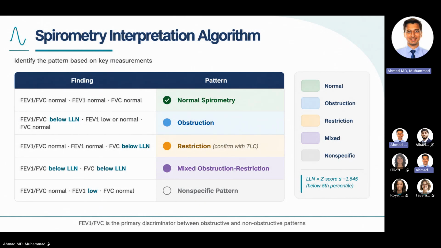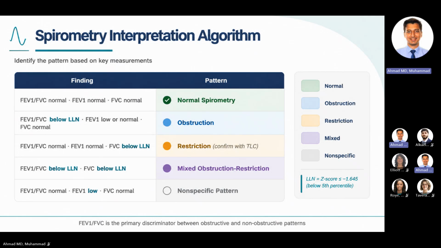So this is how you interpret spirometry. You look at their FEV1/FVC ratio. If that ratio is normal, the FEV1 is normal and the FVC is normal, that is a normal spirometry.